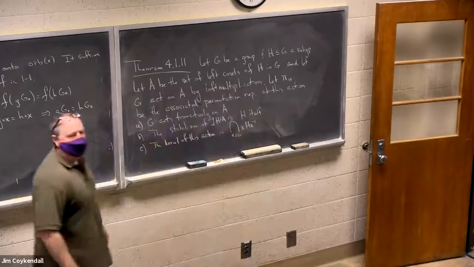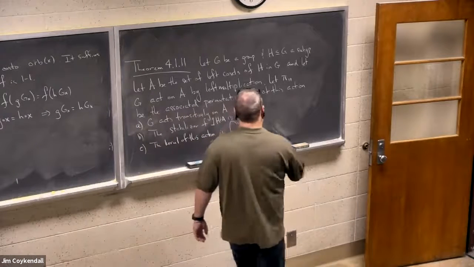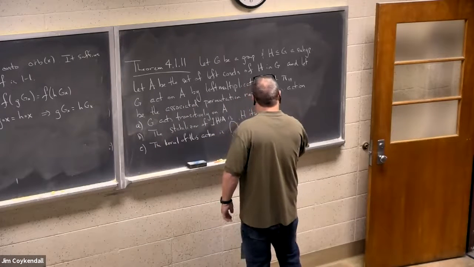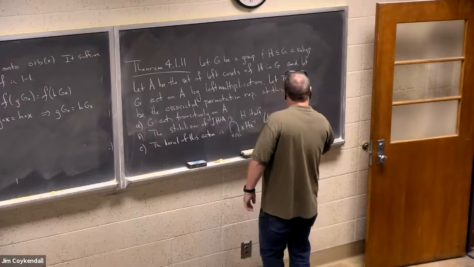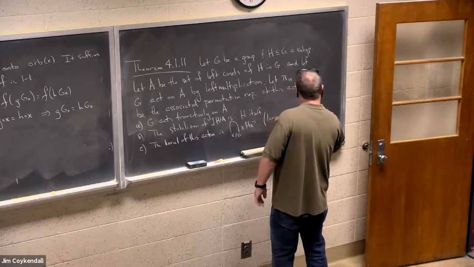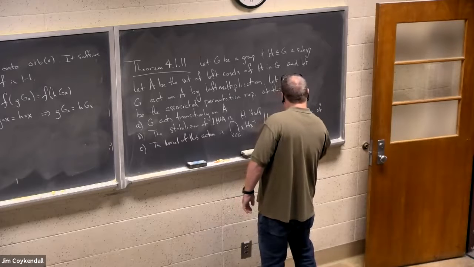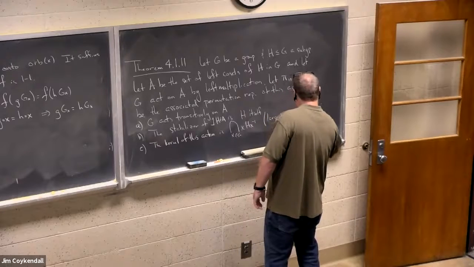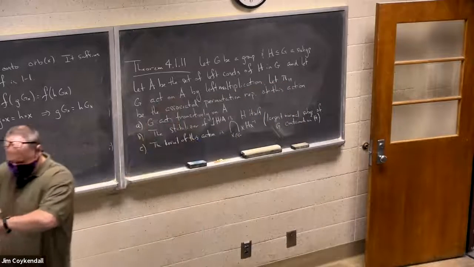So the kernel of this action is the intersection of every single conjugate of H, and this is the largest normal subgroup of G contained in H. We'll go through the proof of this next time.